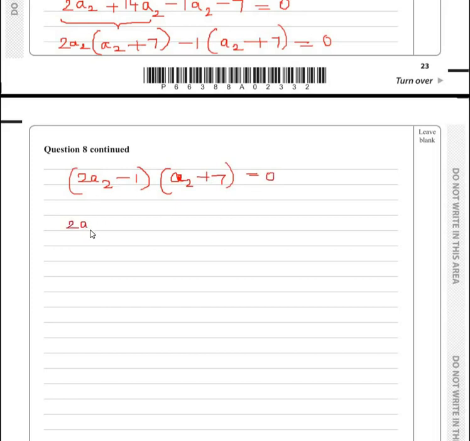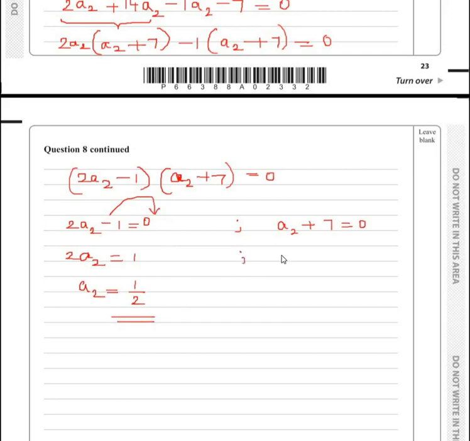Let us write them independently. 2a2 minus 1 equals 0, and the next factor is a2 plus 7 equal to 0. So here 2a2 is equal to plus 1, so a2 will be equal to 1 over 2. This is the first value.